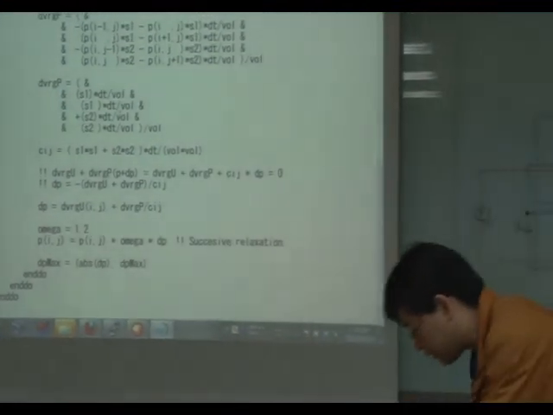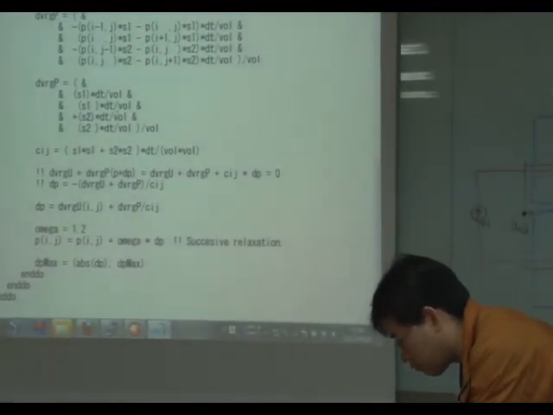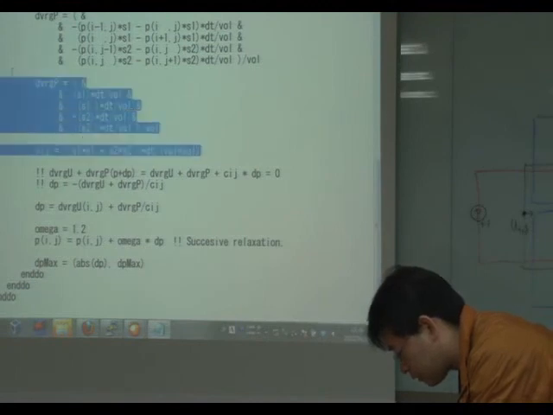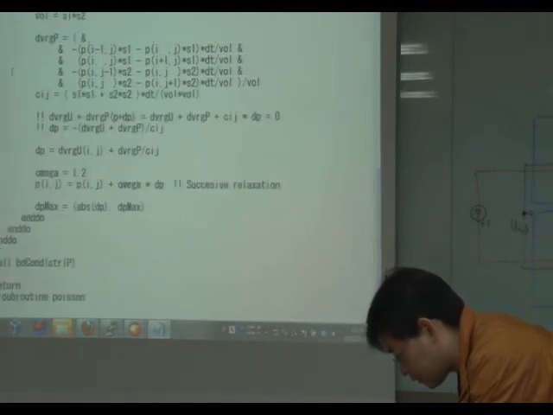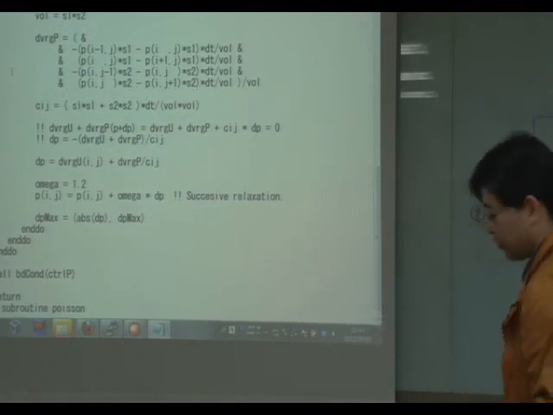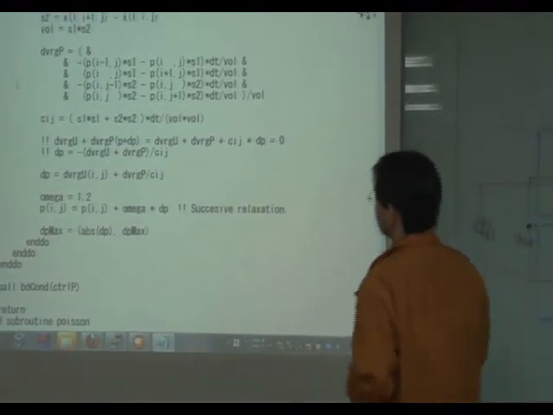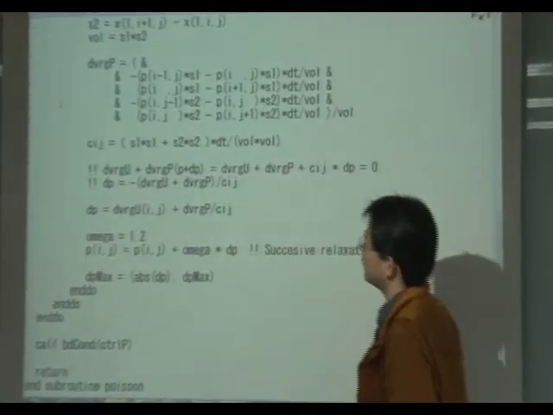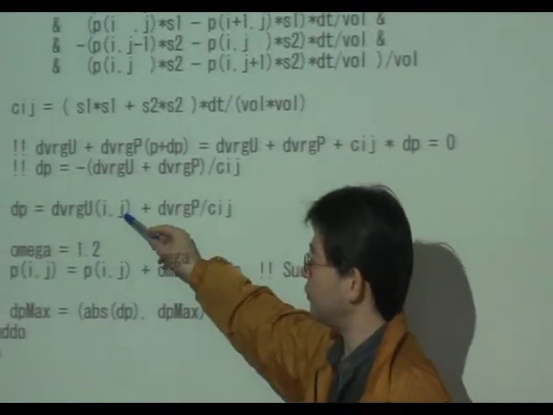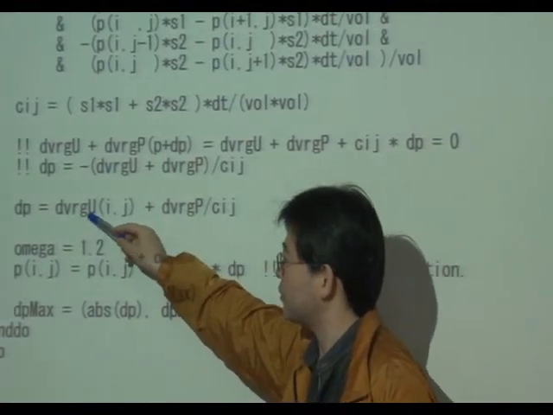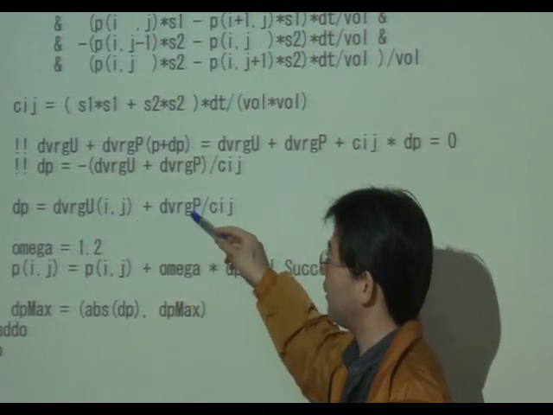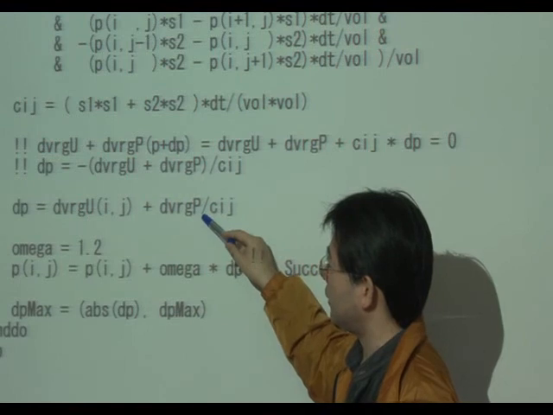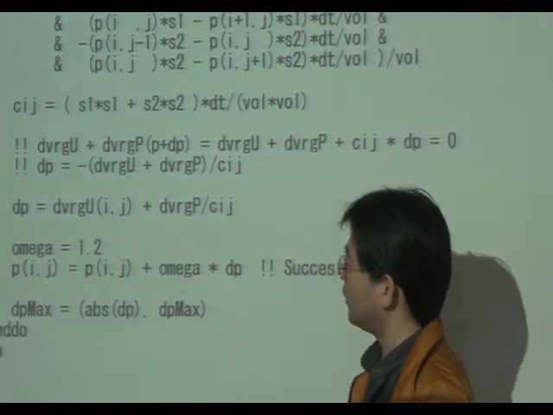So after that, we can calculate delta P. This will cancel the divergence of predictor velocity by the new divergence of the pressure gradient.